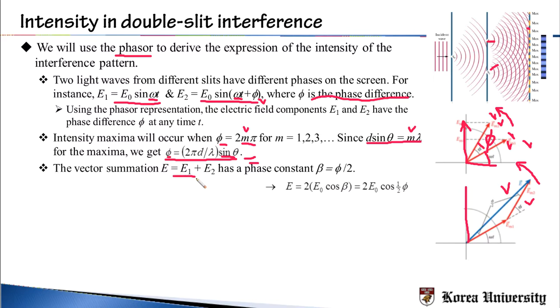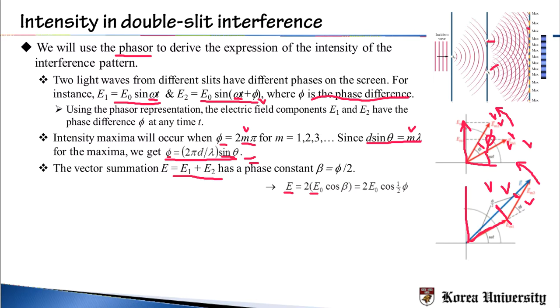So what we are doing is the summation between E1 and E2, and in fact, according to this phasor diagram, using simple geometry, the size of this total wave will be twice, okay, twice comes from this, 2 times this phasor length multiplied by cosine of this angle, which is half angle.